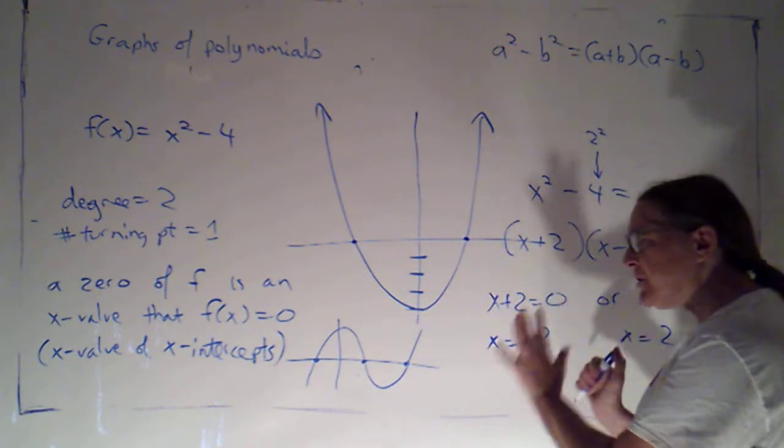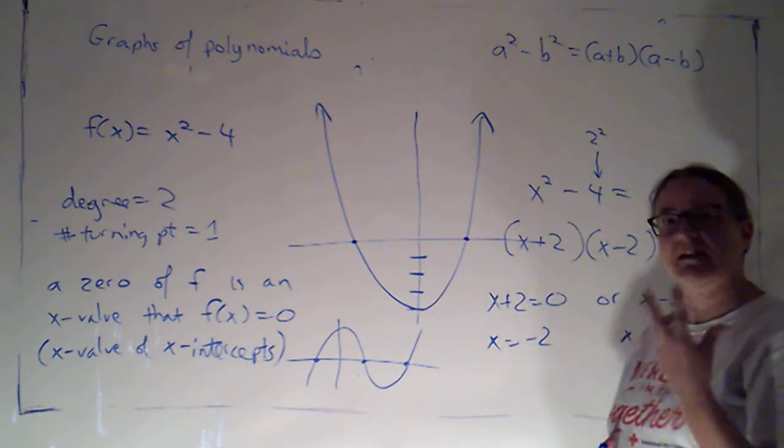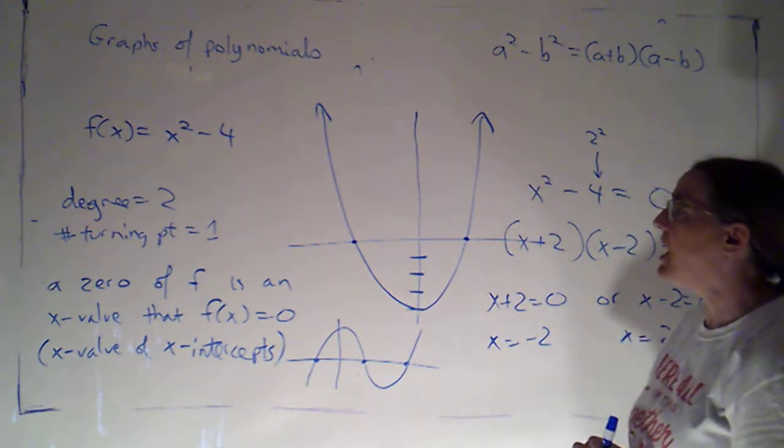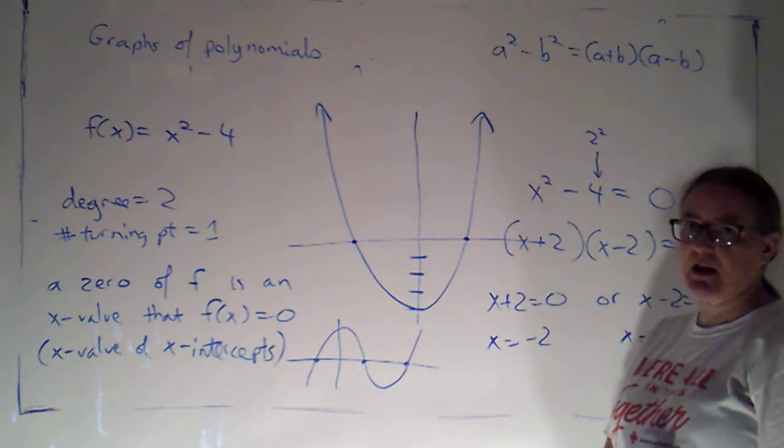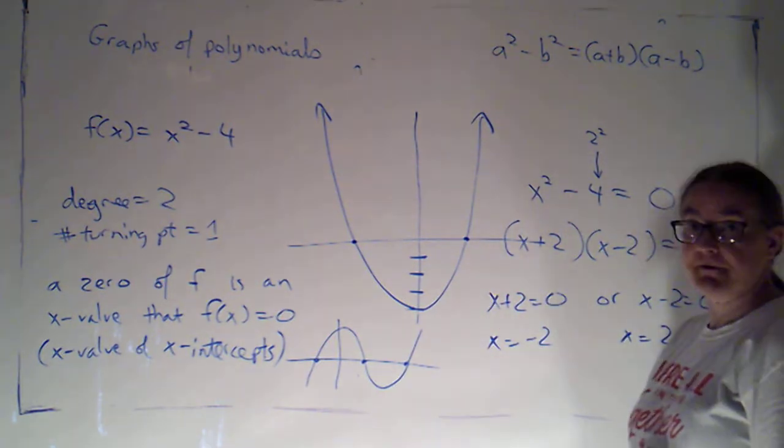So that's not a full-on formal proof that this works, but that's an informal explanation about why the degree caps the number of turning points that you can have.